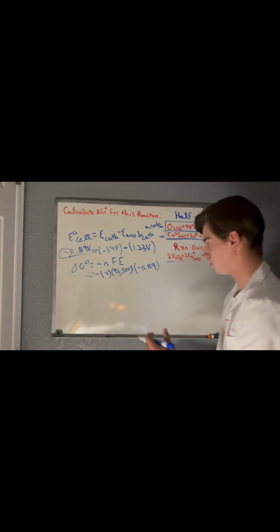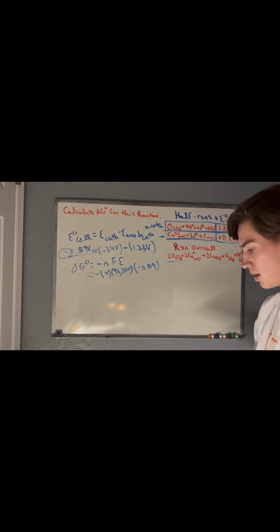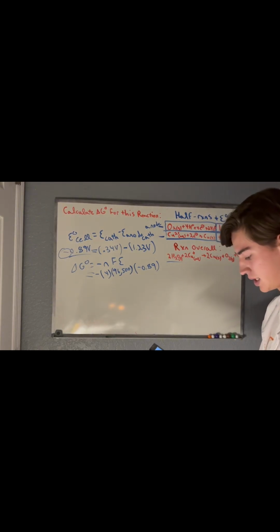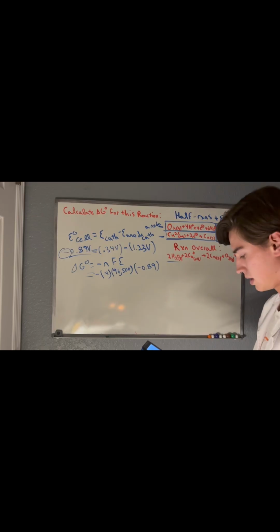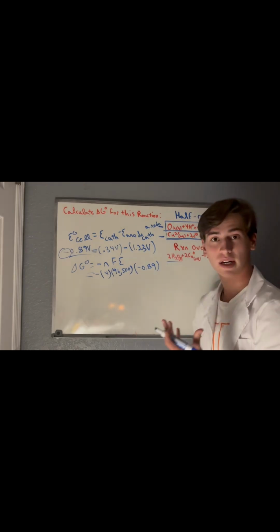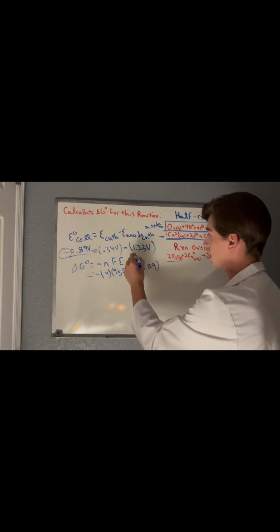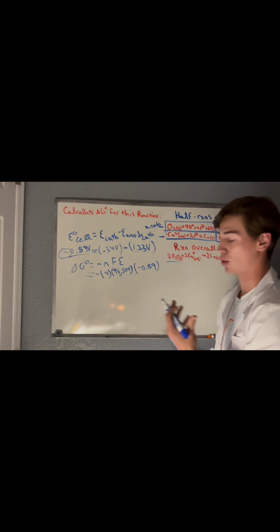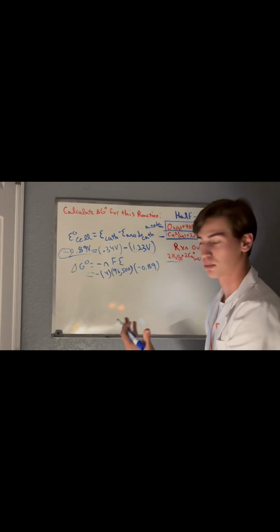And so then we are going to multiply negative 4 times 96,500 times negative 0.89. Then we get a really big number. Remember, this volts is really joules. But remember, delta G is calculated in kilojoules per mole.